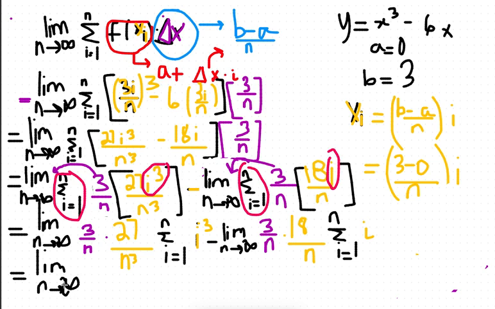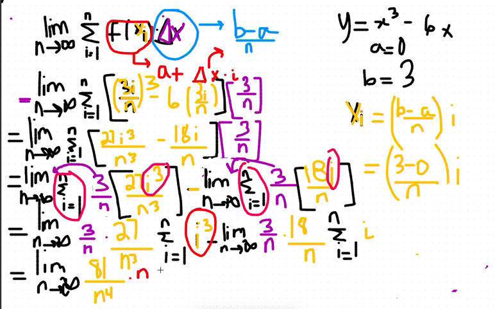Now I'm just going to use yellow for the whole thing. 3 times 27 is going to be 81, and n times n cubed will be n to the 4. So we're going to keep that there. And then the summation of i cubed. Now, this summation of i cubed, there are specific formulas.